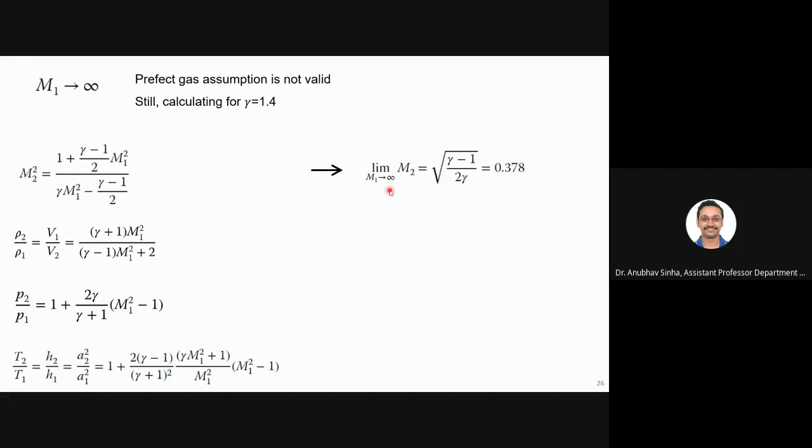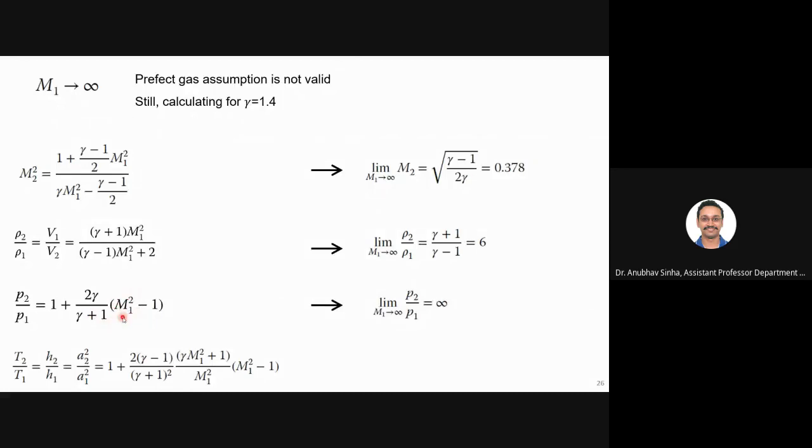Similarly, we can derive the density ratio. Again, this 2 will be negligible, M1 terms and the 2 will get cancelled. I will be remaining with (gamma plus 1) by (gamma minus 1). If I go for the limit of M1 going to infinity, that will be equal to 6. Similarly, for the pressure ratio, we'll have infinity because M1 is only in the numerator, not in the denominator.